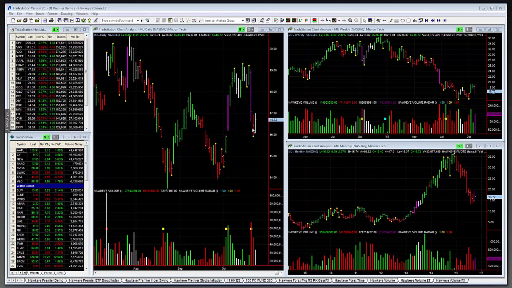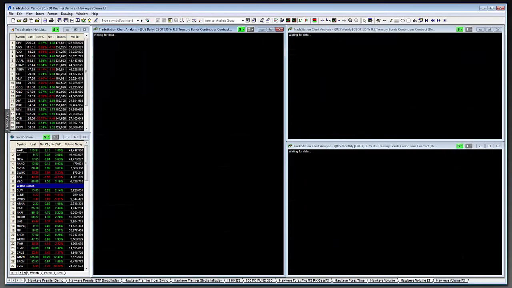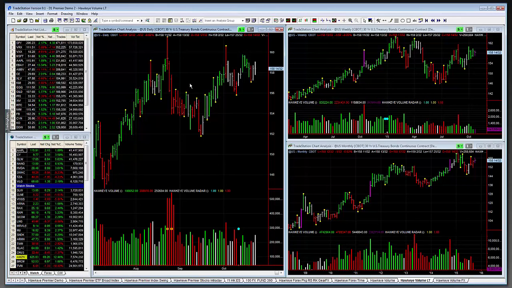Can I look at bonds? Absolutely. There's the 30-year bond. This is a daily bond, so you can see every time price gets up into the 160 range, you've got a lot of selling action. We can see that we're starting to trend up, and price is starting to trend in that direction, right? You see that right here?